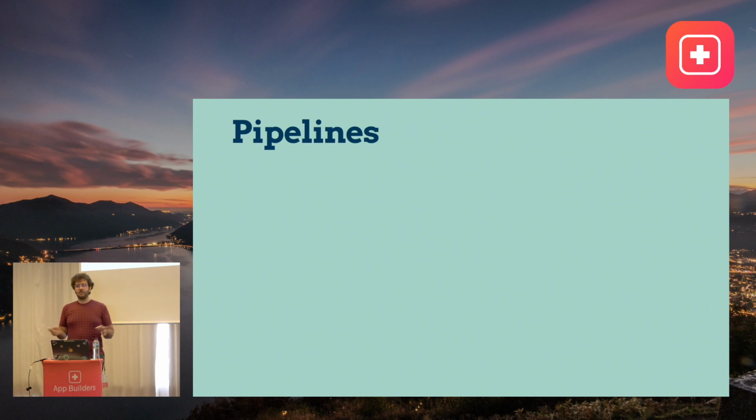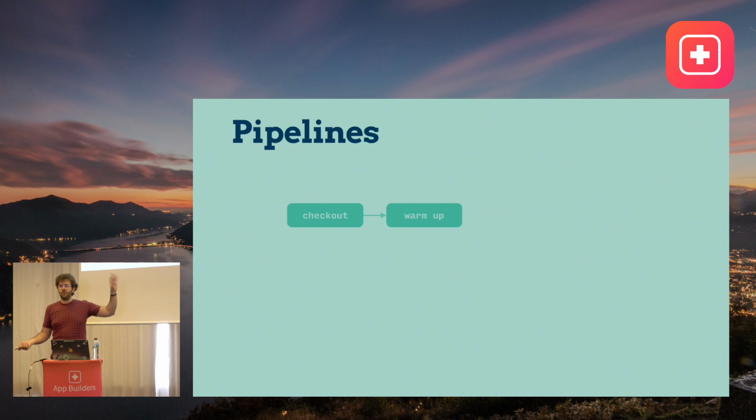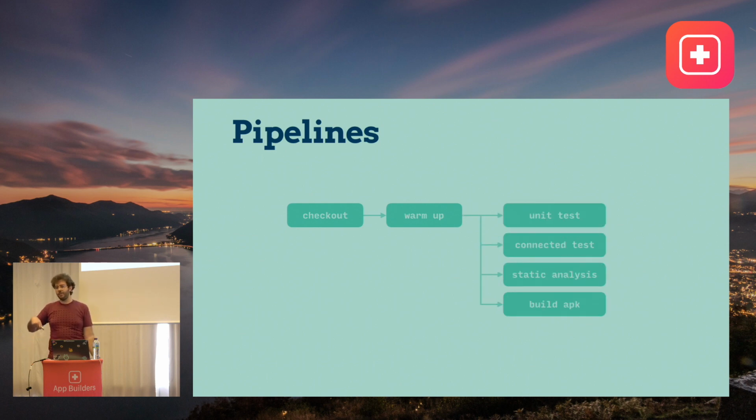So let's look at a typical pipeline example. The first step you would do is obviously check out the code. You need the code, otherwise there's nothing you can do. Another thing you can do is say, OK, I need to run a bunch of things in parallel, but there's no point in having all of those things download dependencies for the project. Let's just do it, get it out of the way, and then we can run everything else in parallel.